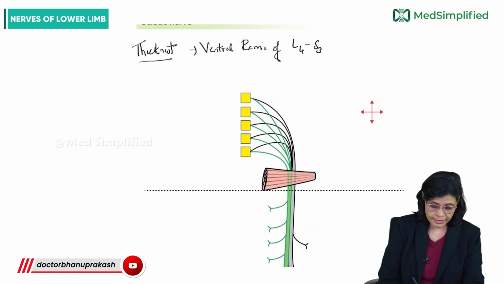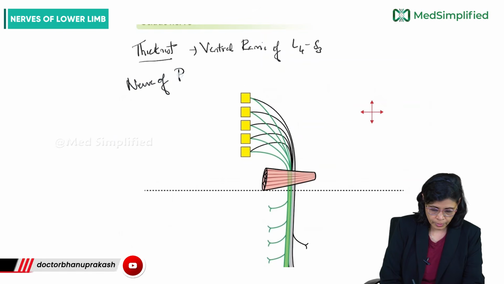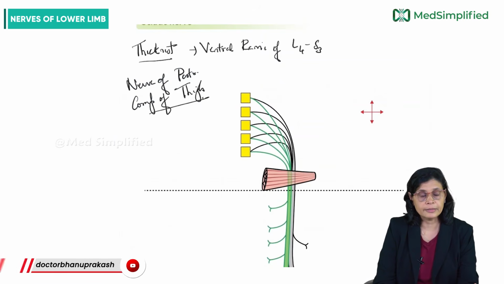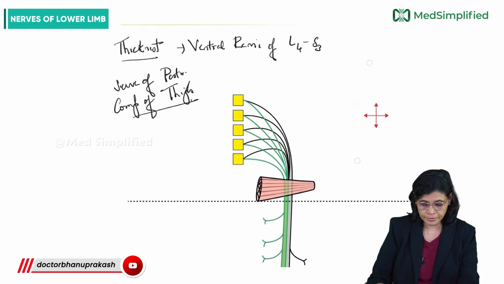The sciatic nerve is the nerve of the posterior compartment of the thigh. It arises in the pelvis by the ventral rami of L4 to S3 spinal nerves.